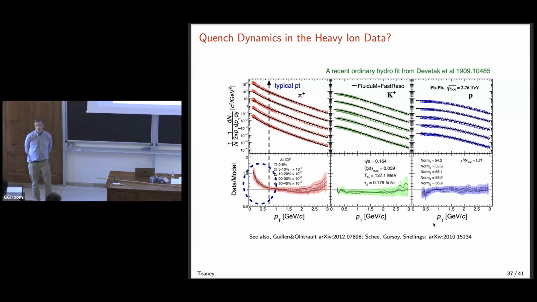In the language of quantum optics, people would call the 2 pion yield the G2 of tau, the so-called second order correlations. And if it's a coherent classical field, it has different statistics compared to quantum statistics, right?